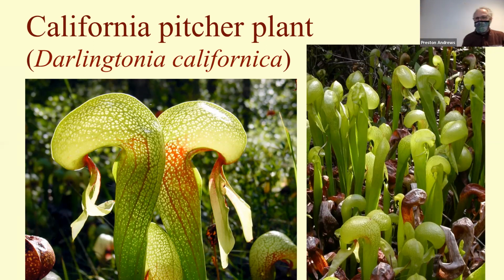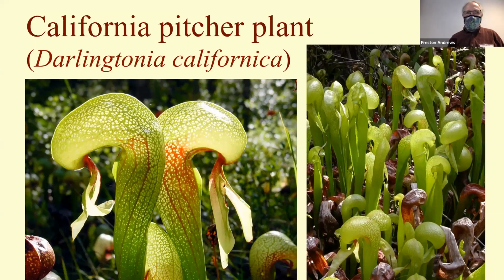There is now, near Florence, Oregon, a preserve that is the only preserve in the country dedicated to a single species, Darlingtonia californica, called Darlingtonia Preserve or something like that. So this is a very rare plant, not considered endangered because it's so rare in the wild.